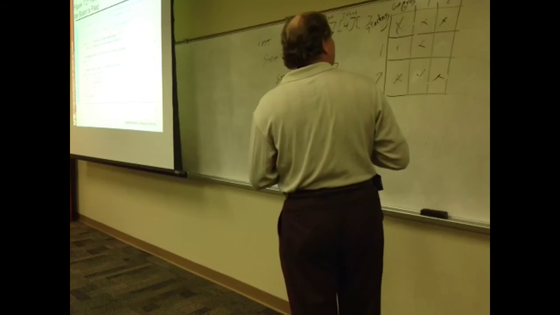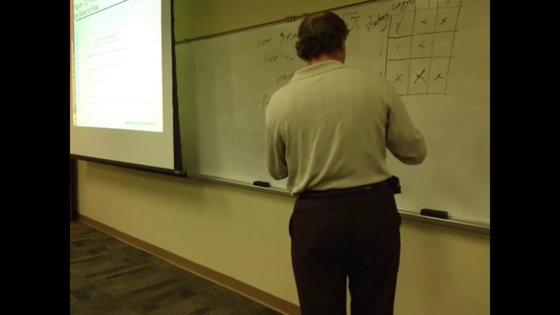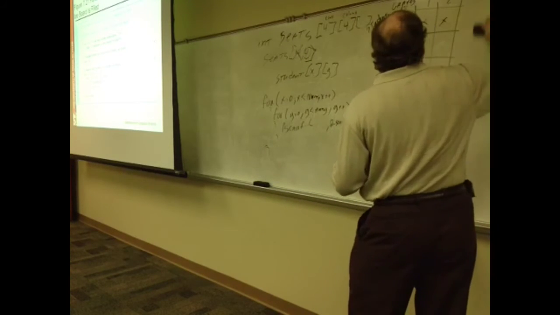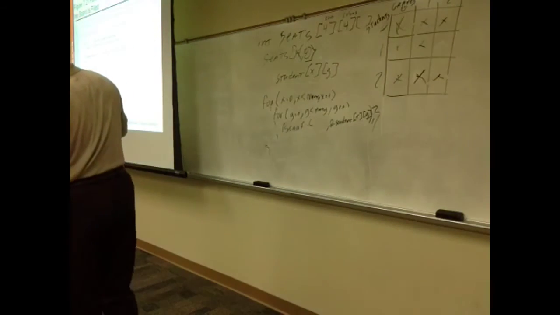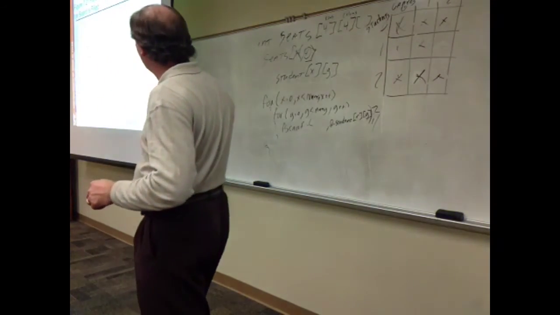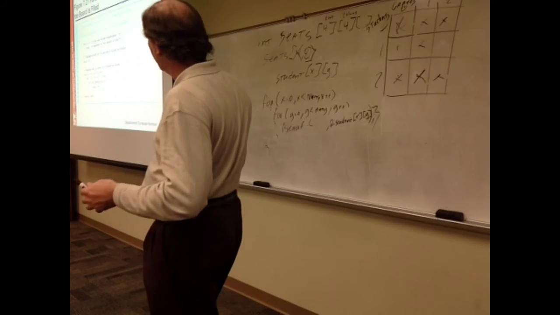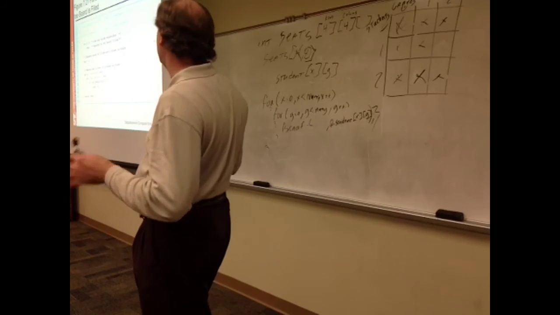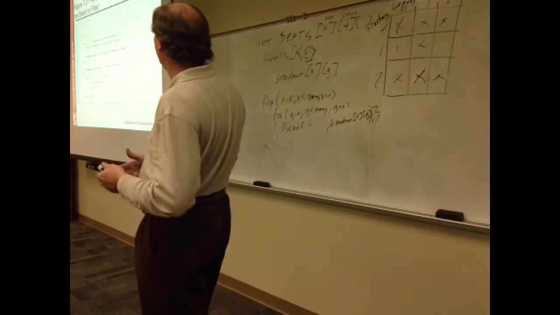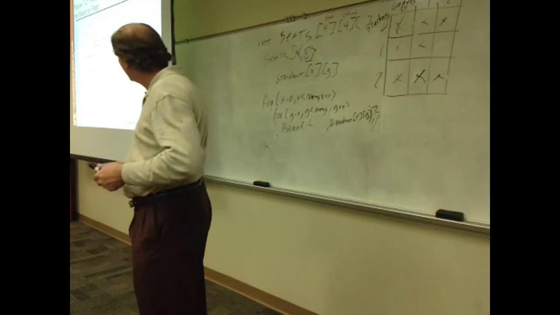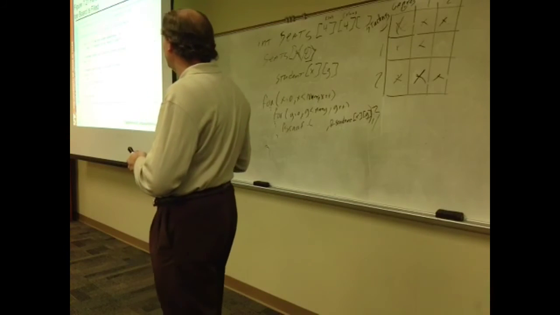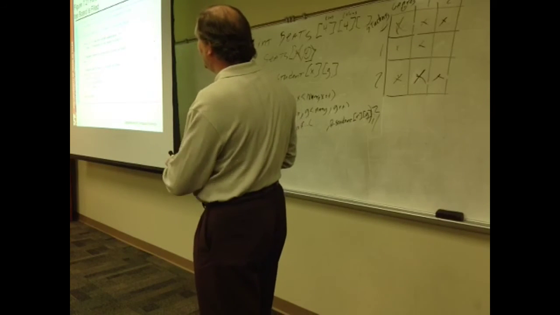It starts off at 0, and as long as R is less than 3, and then within that it's a for of C, starting at 0, as long as C is less than 3. And if tic-tac-toe board sub R sub C equals blank, I'm just going to change answer to 0.